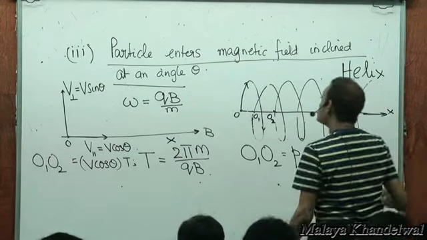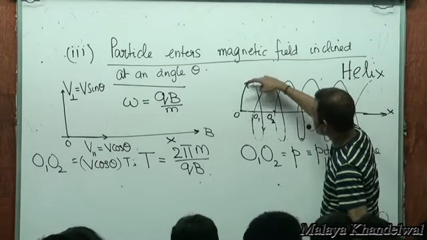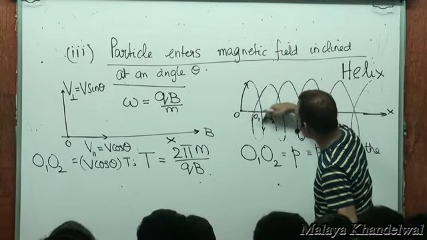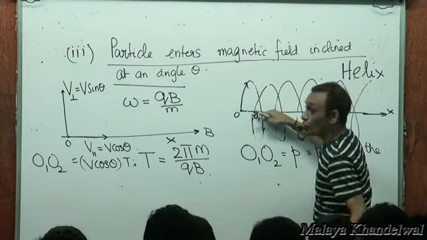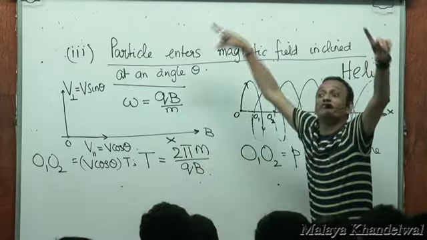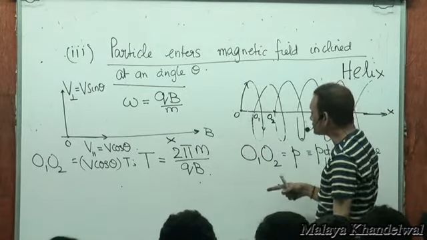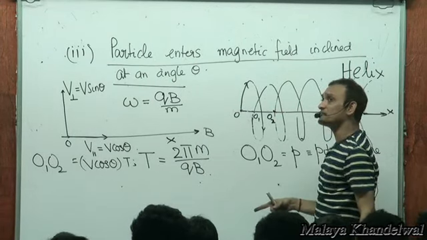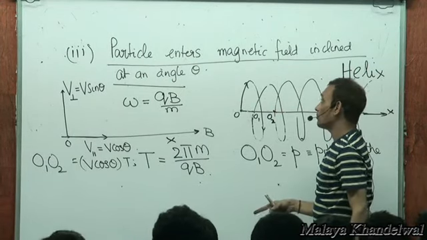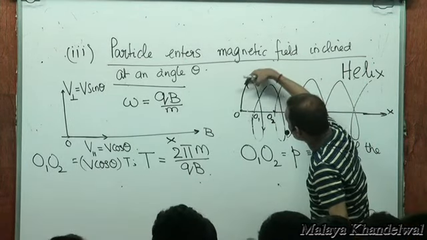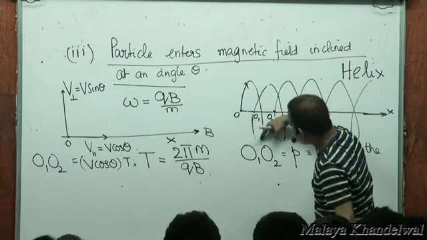Now, again, see, when it goes from O to O1, it takes up this trajectory. A full 360 degrees rotation would have taken place on that projection, right? Now if I said, what is the length of this helix from O to O1?